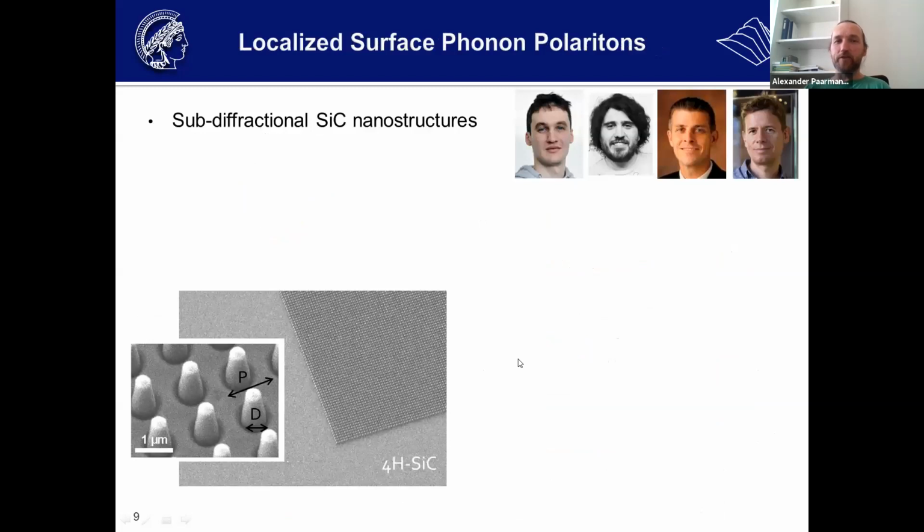All right, the way we started this was actually kickstarted by the seminal paper by Joshua Caldwell. You see that Stefan Maier and Vincenzo were also involved in this first study that we got into polaritonics. We first looked at these subdiffractional nanostructures made from silicon carbide.